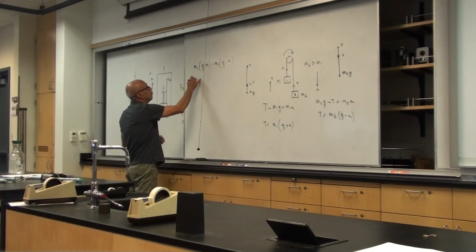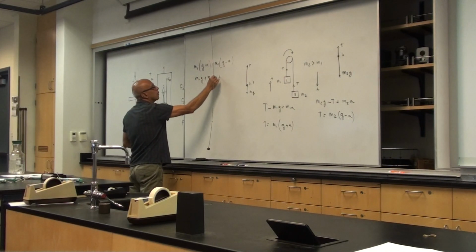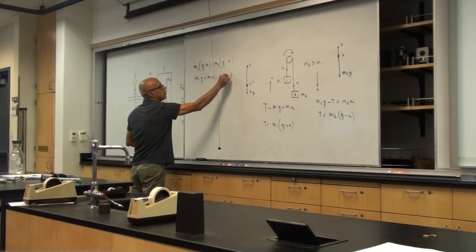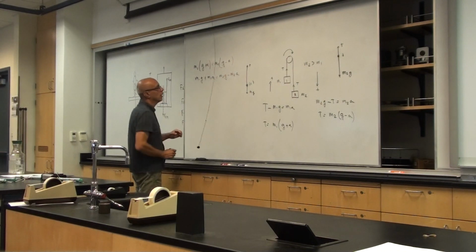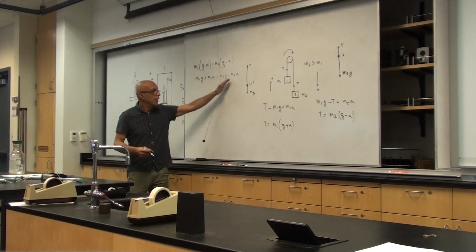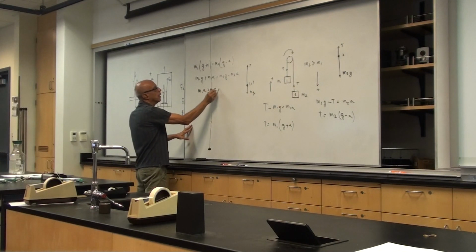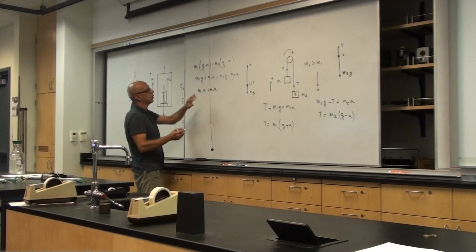So if I multiply, m1g plus m1a equals m2g minus m2a. I want to calculate a, so I'm going to bring the a terms together, this with that one. So I'm going to have here m1a plus m2a, and this guy goes to the other side.